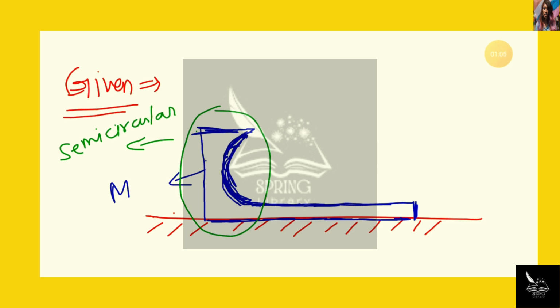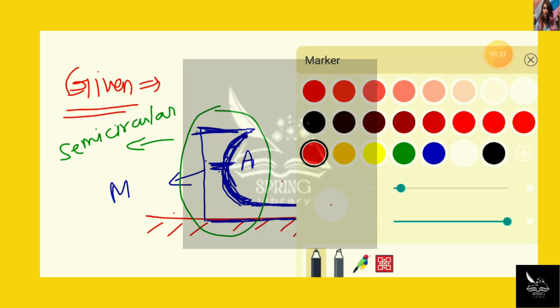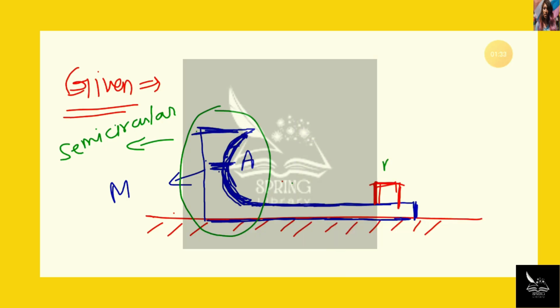Now, in this figure there is a point considered at the middle point of the semicircle, named A, and there is a small block whose location is initially here. The question says that initially it is at rest, and the mass of this smaller block is small m.